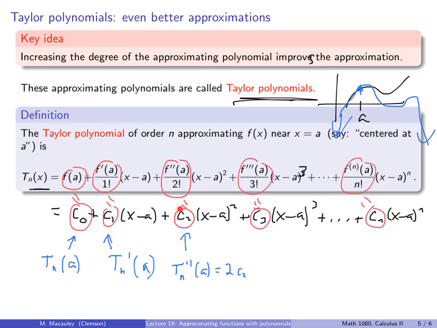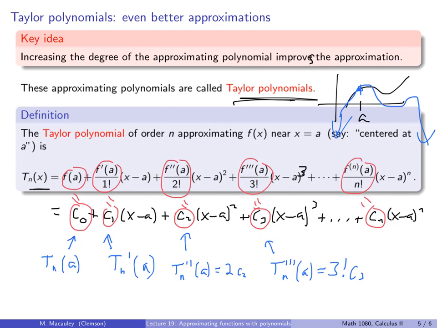Again, because when I take two derivatives, the 2 comes down in front. Similarly, what happens when I take three derivatives of this? If I take three derivatives and plug in a, taking three derivatives kills off the first three terms, and for all of the later terms, exponents come down, but there's still an x minus a. Plugging in a kills those off. So I'm left with just this term: the 3 comes down with the first derivative, then the 2 comes down, and what I get is 3 factorial c3.